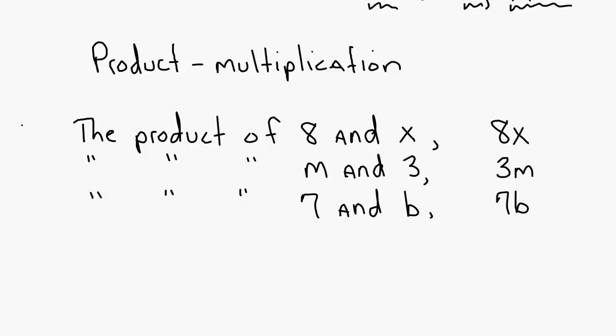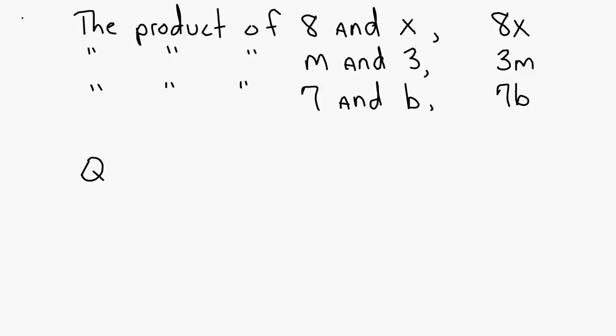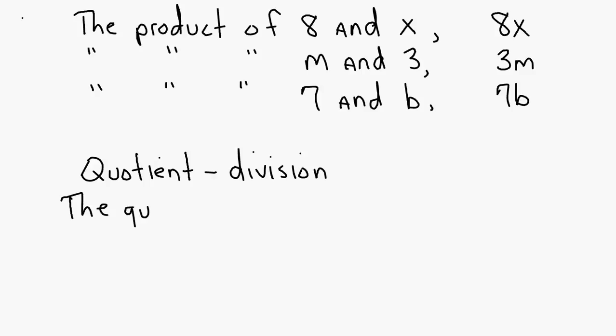All right, and the last term is going to be quotient. And quotient is related to division. So the quotient of 6 and m.